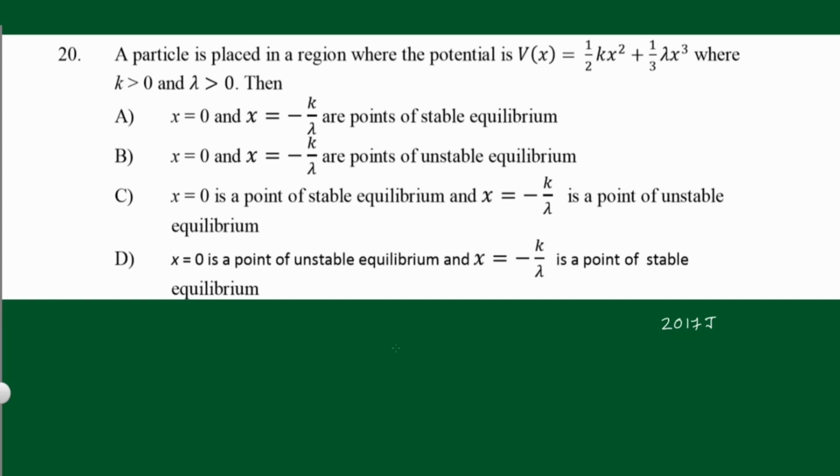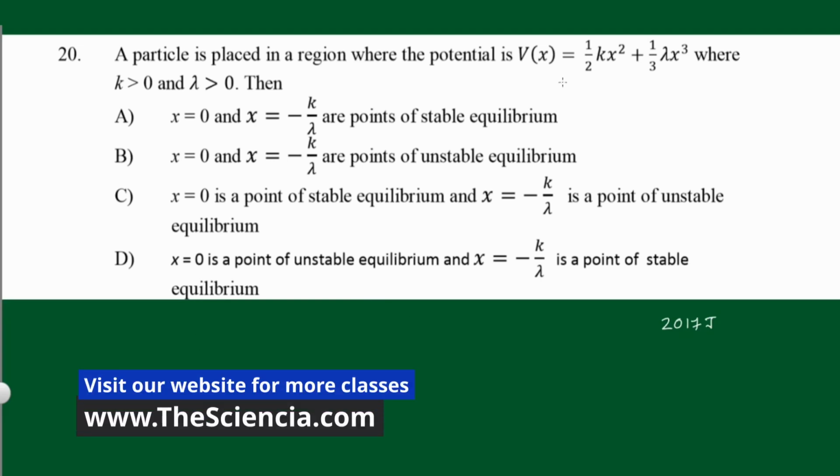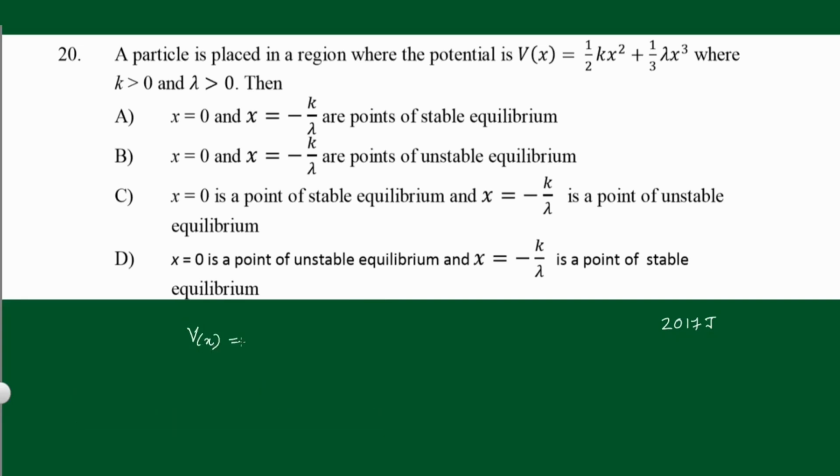For such a problem, the starting point is the potential function, that is V of x equal to half k x square plus 1 by 3 lambda x cube.